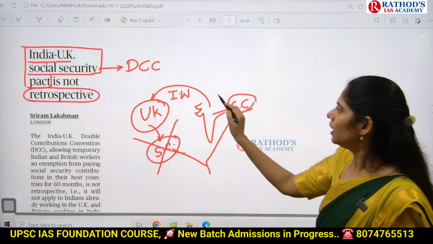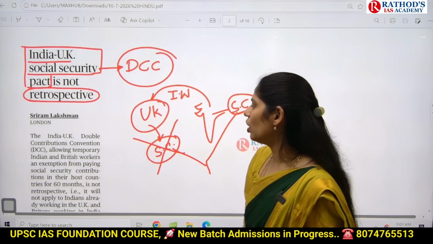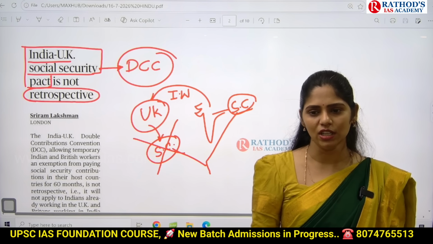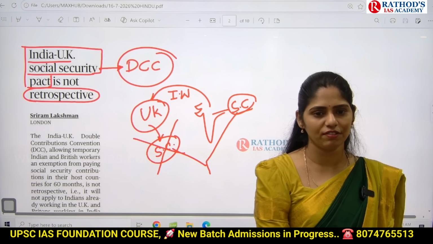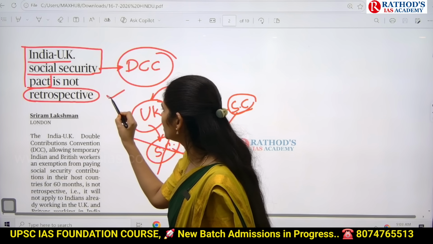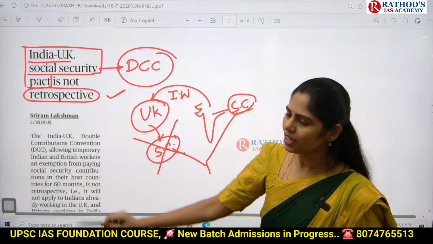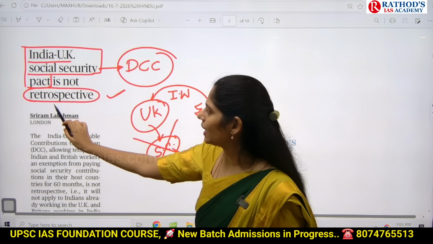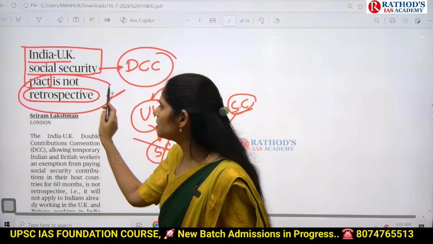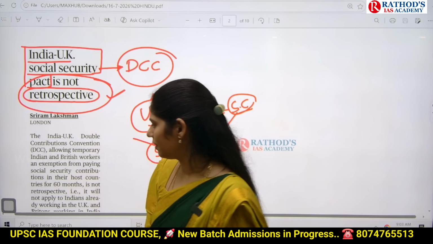So this is called the double contribution convention, which is part of this India-UK trade deal, which came into effect from yesterday onwards. And now there is one more keyword added here: India-UK Social Security Pact is not retrospective. So here you have to understand the meaning of retrospective.